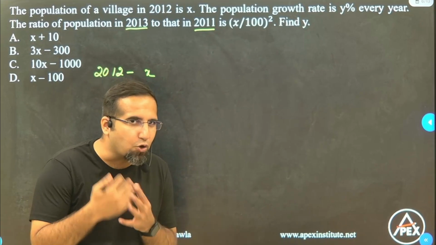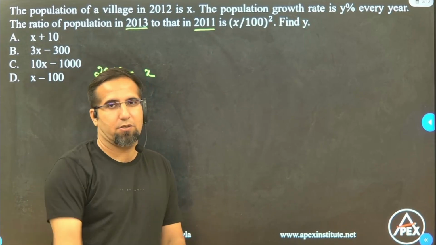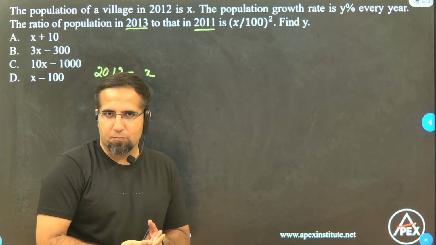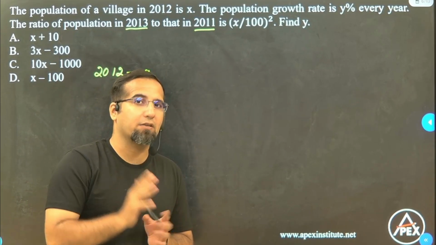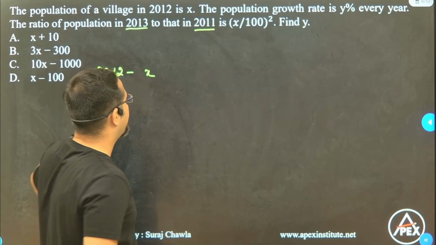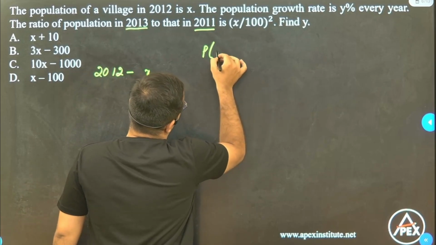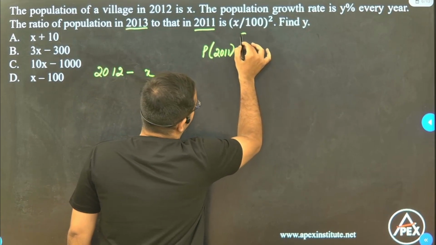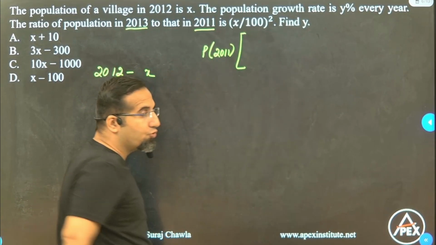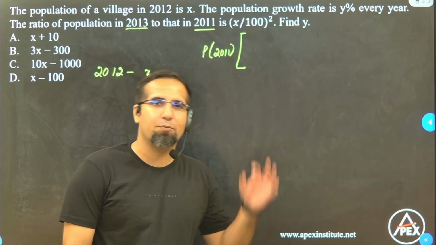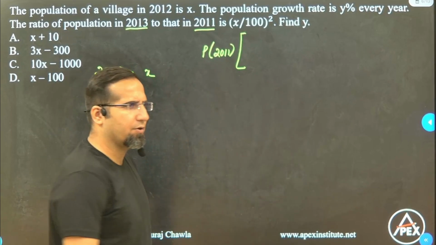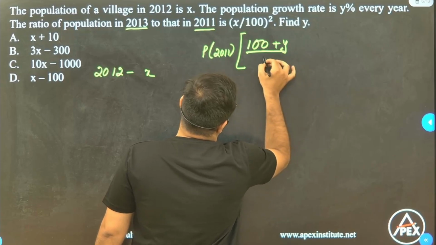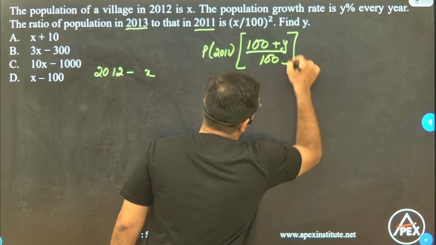ठीक है, अब simple growth rate मतलब percentage increase. As I told you, whenever percentage increase or percentage decrease is given, all that we have to do is use multiplying factor. So how do we come to this? So population of 2011 is the initial value into multiplying factor. If the growth rate is y%, my multiplying factor becomes 100 plus y by 100. So into 100 plus y by 100 should be equal to the final value.